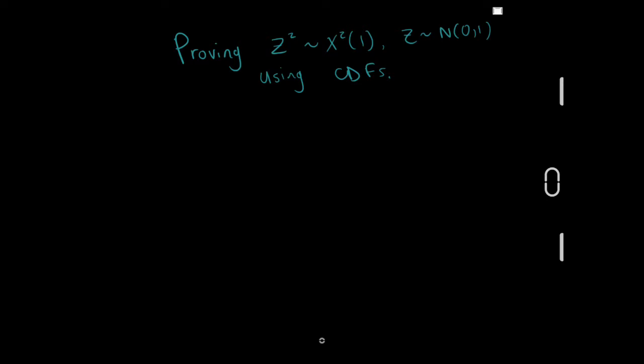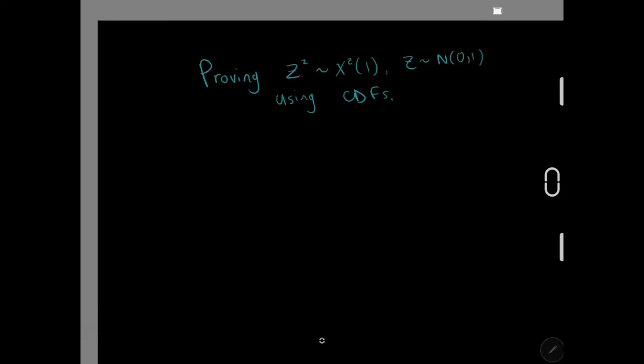Yeah, so let's just quickly go over some prerequisites that you kind of need to know. So the first thing is you need to understand how the method of CDFs, or the method of distribution functions, works.